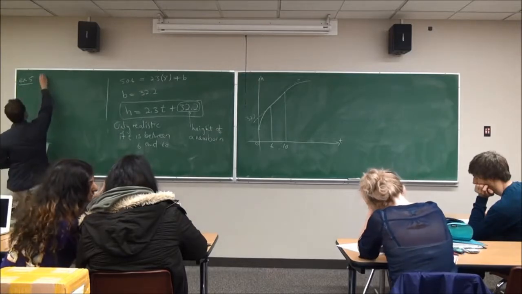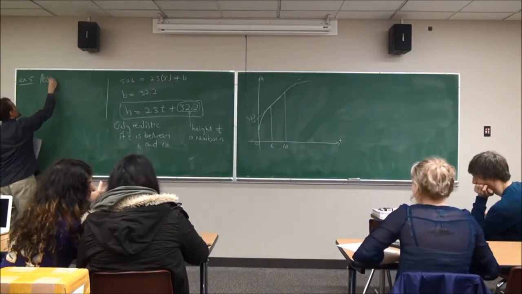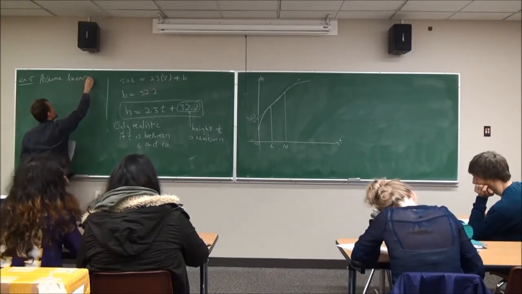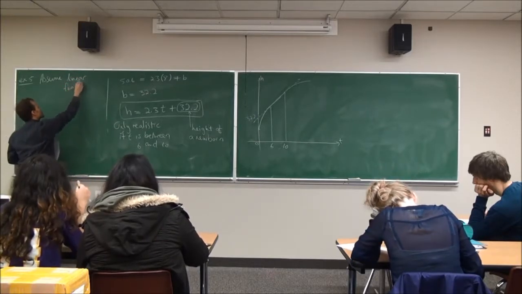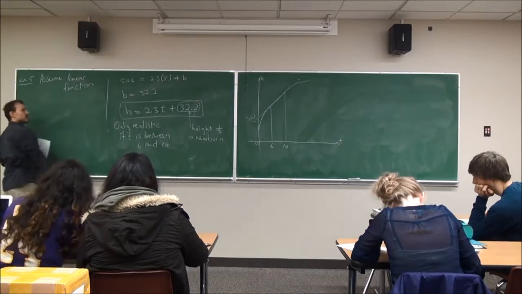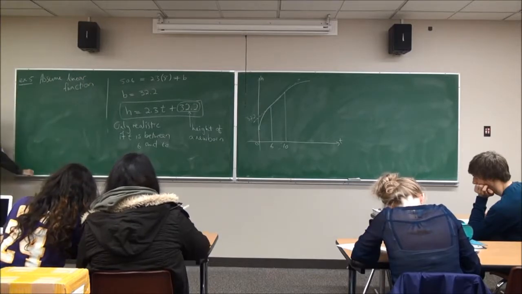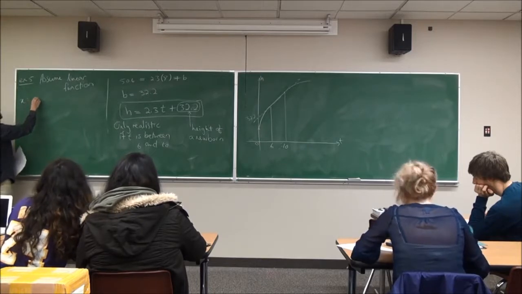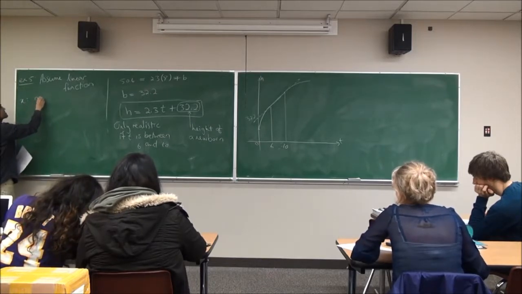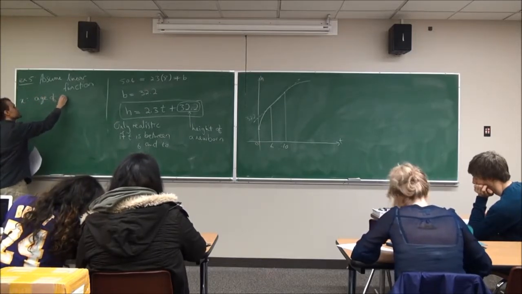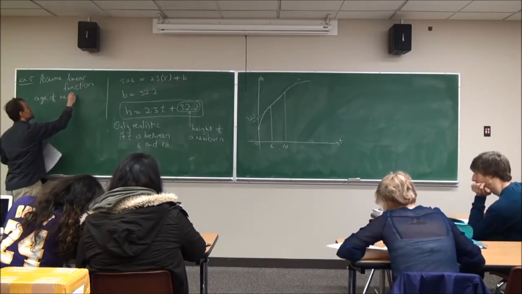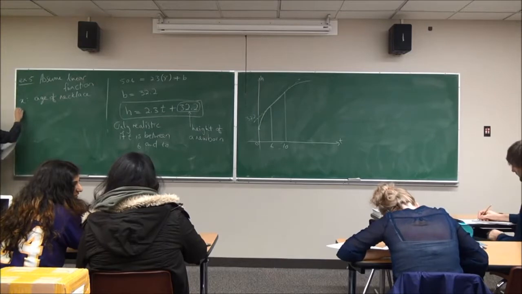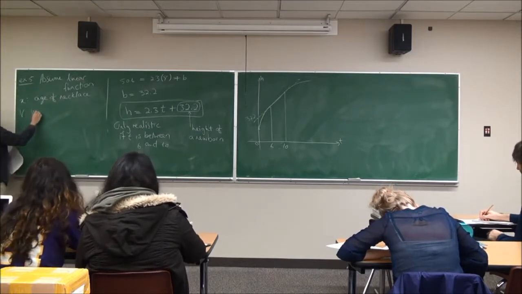Now I'm assuming it's a linear function. That's all we have to work with right now. On Friday we'll see something a little bit more general, but not for now. So they define x for me. Let's just say it's the age of the necklace. And let's go with V for value.